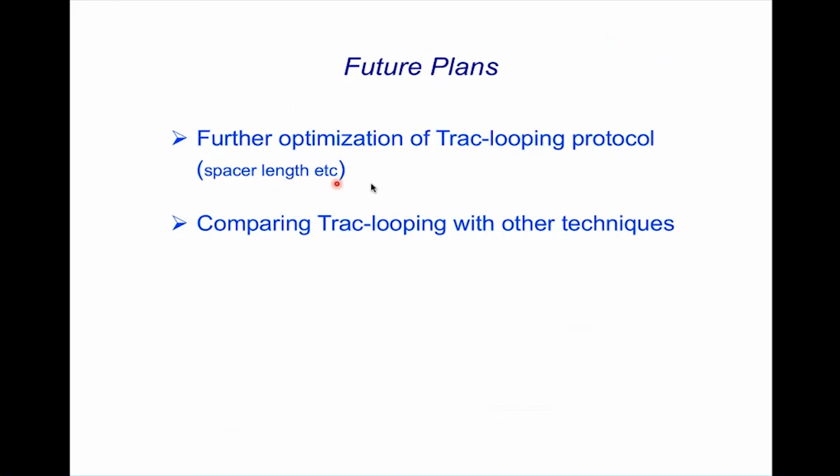Therefore, we are going to test different spacer lengths. Secondly, we are generating more Trac-looping libraries for the 4DN cell lines, and we also wish to compare the different features of Trac-looping with other interaction techniques. So I'm going to stop here and take any questions.